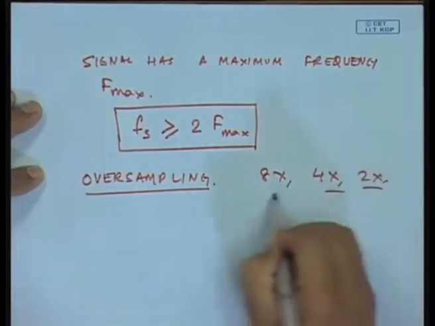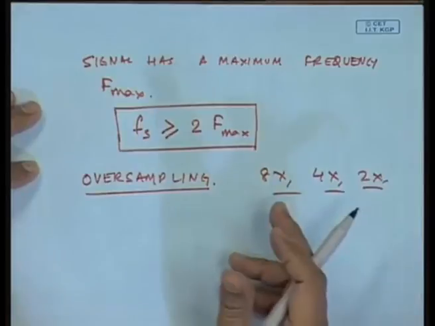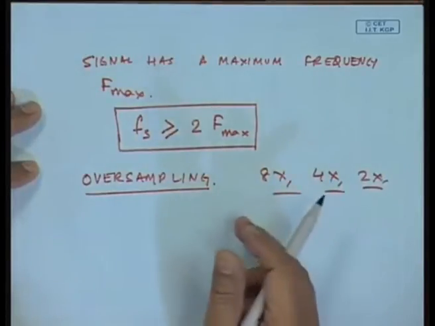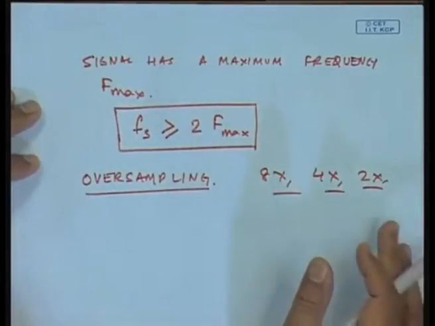You must have seen in the CD players etc., it is written 8 times oversampling, because what is a CD player?